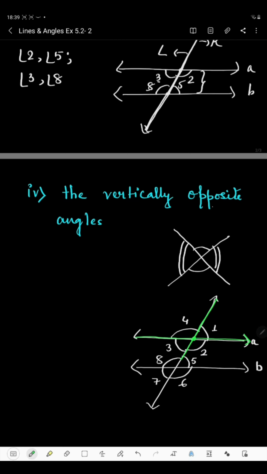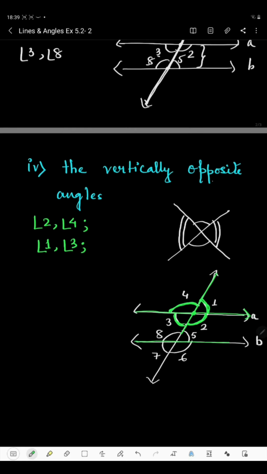Now we know that if two lines intersect each other, then the angles formed in opposite way are equal. So which are the vertically opposite angles? It's 2 and 4, right? So one pair of vertically opposite angles is 2 and 4. Next, angle 1 is equal to angle 3. This is also vertically opposite angle, right? So here angle 1 and angle 3.